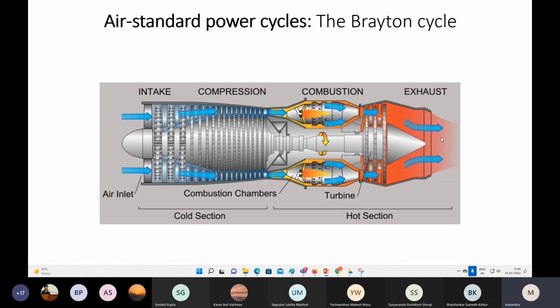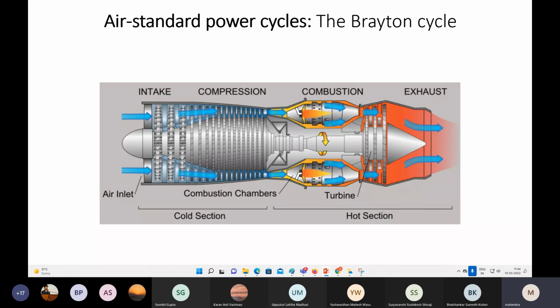Thrust component is 0. In that case, the maximum amount of energy produced in the combustion process is utilized upon the turbine to generate electrical energy. Here, this turbine is also connected to a generator, and that generator produces your electrical energy.